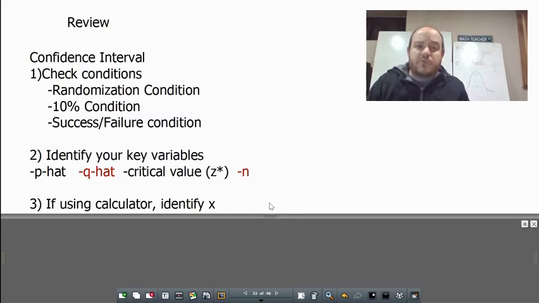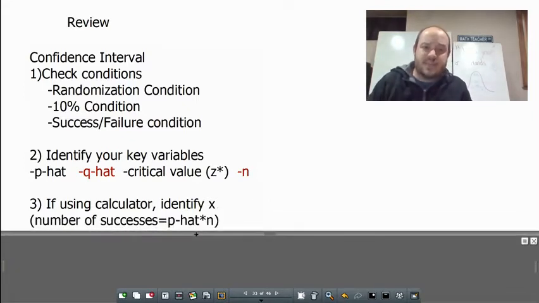Next, if you are using the calculator, remember in our TI Inspire, it actually didn't ask for p hat. What it asked for was the number of successes and your sample size. So if you are not given the number of successes, which is what X stands for, you can find it by just taking your p hat as a decimal and multiplying it by n. Now, there is a little trick here.